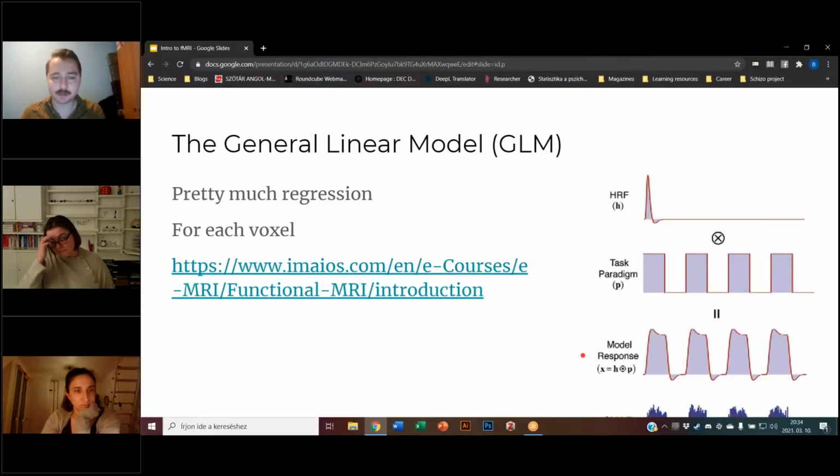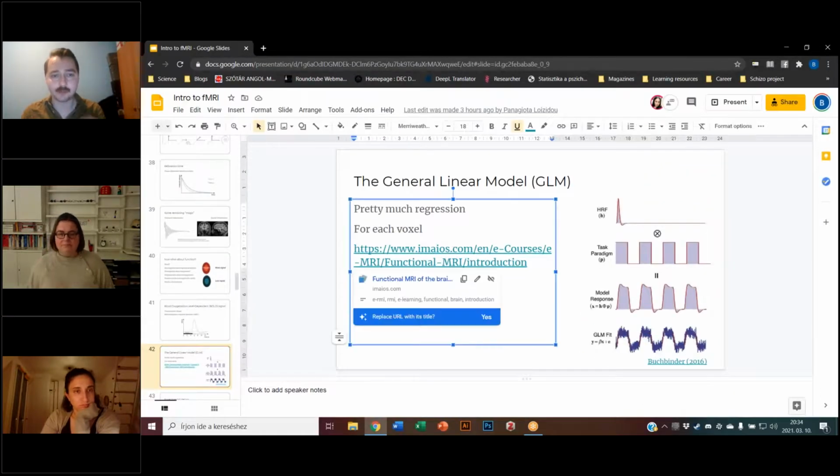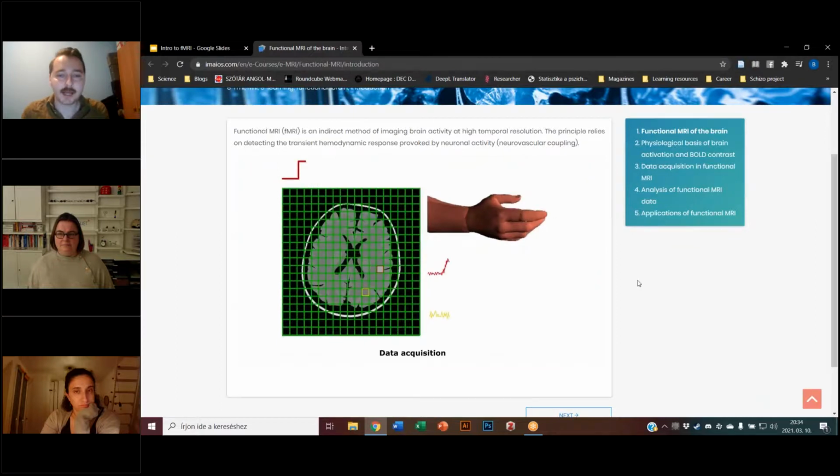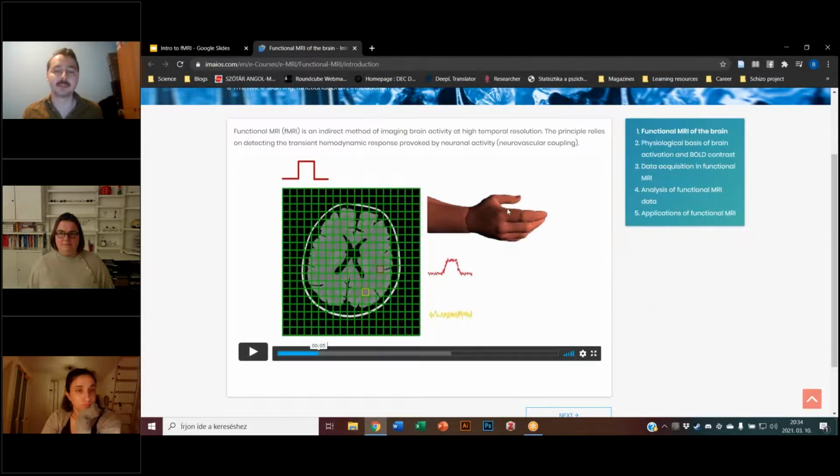You can see this in this little video that I'll show you. Here, imagine that these are two voxels, and the task is, for example, localizing the part of the brain that does motor control, the part responsible for a simple finger movement, right? What will be plotted here are the actually measured BOLD time courses for two example voxels.